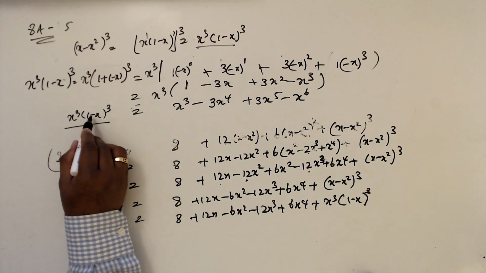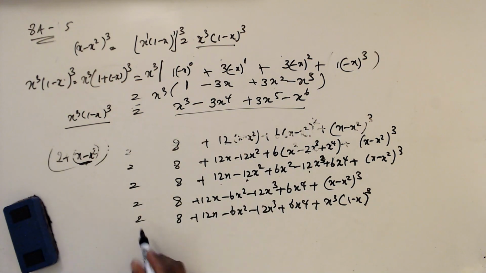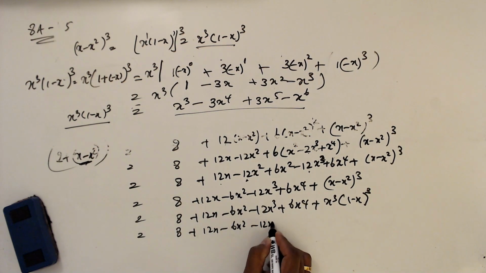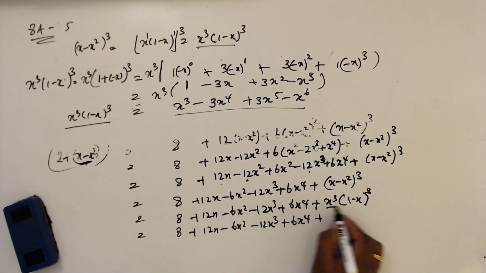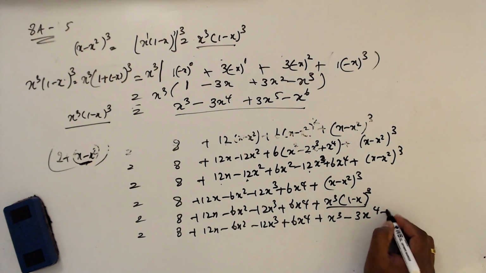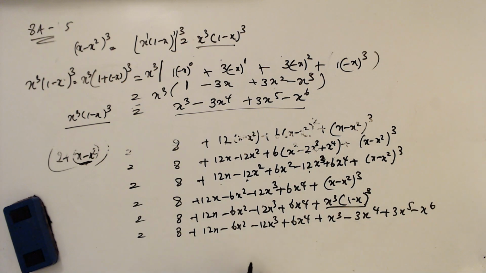Now x cubed (1 minus x) cubed I found out like this. Then I have to substitute here 8 plus 12x minus 6x square minus 12x cubed plus 6x4. What is this going to be? x cubed minus 3x4 plus 3x5 minus x6.